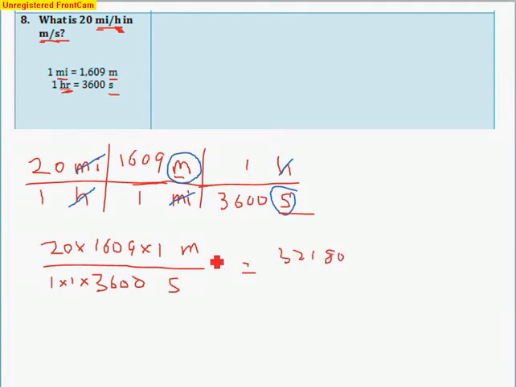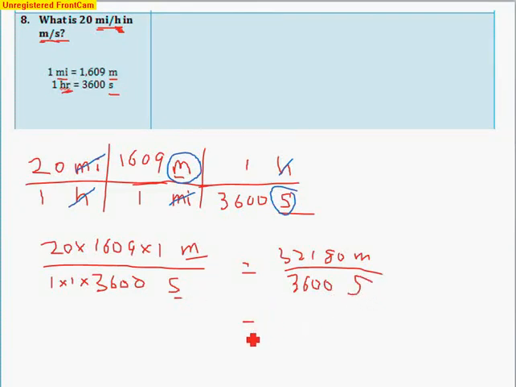What's the unit? It's the meter. Downstairs we have 1 times 1 times 3600, which is just simply 3600. What's the unit? It's the second.